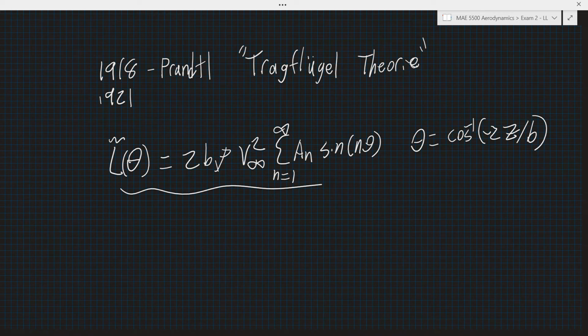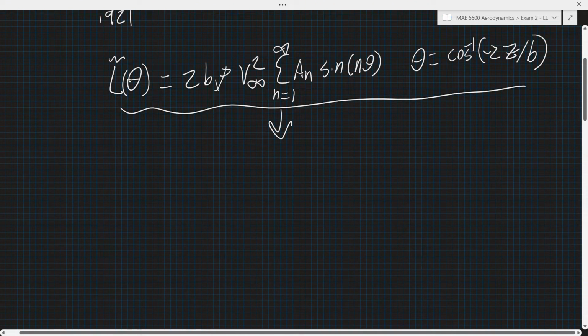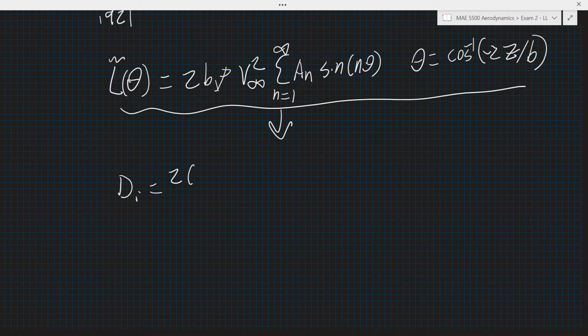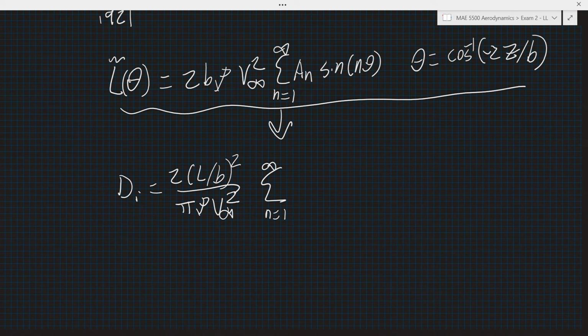And so if you use this lift distribution, you can minimize for induced drag, which results in this series solution of the induced drag being equal to 2 times L over b squared all over pi rho v infinity squared times the summation from n equals 1 to infinity of b sub n squared, where b sub n we'll define as the ratio of each of these Fourier coefficients divided by the first coefficient.